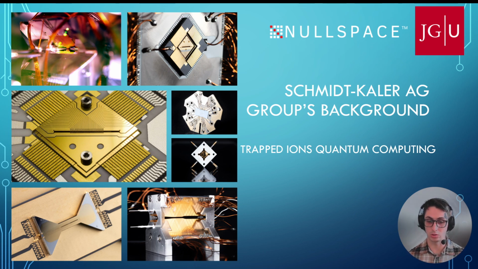It's what concerns us now. You can see in this picture some of our quantum processors, and those processors consist of several electrodes, which are supposed to generate very precisely shaped potentials. That's why we need Nullspace software.